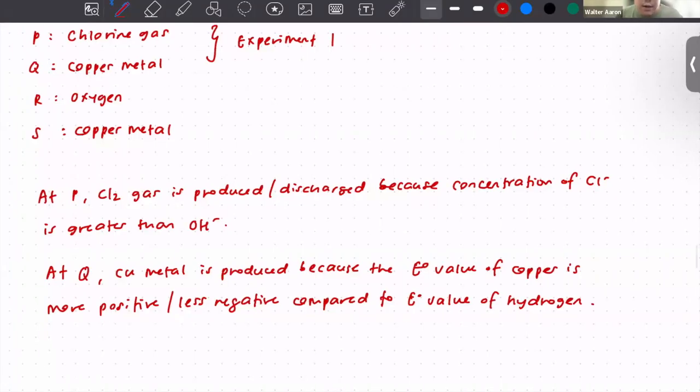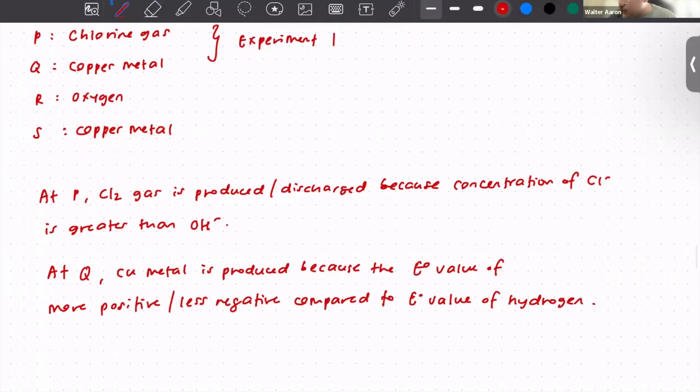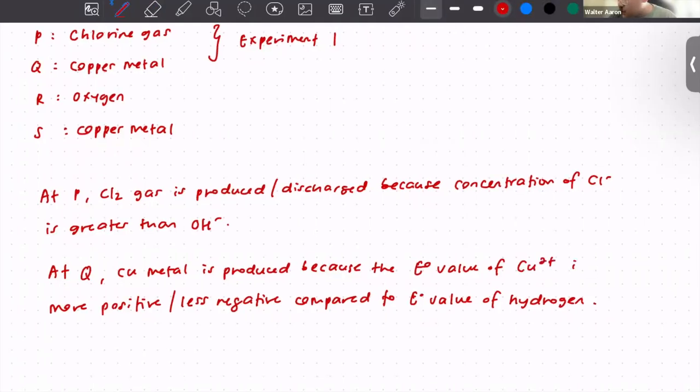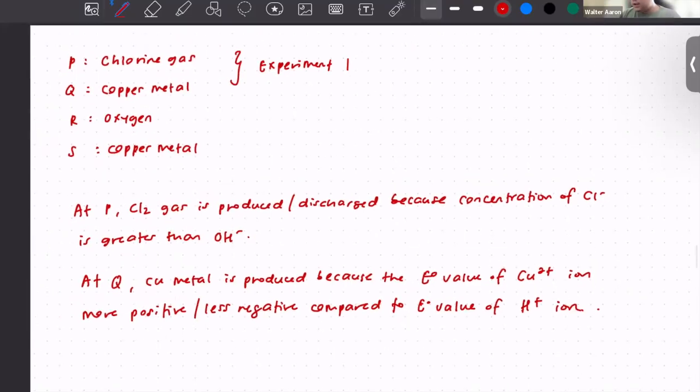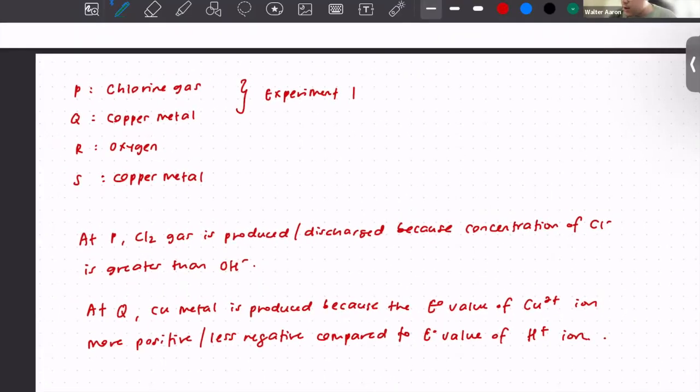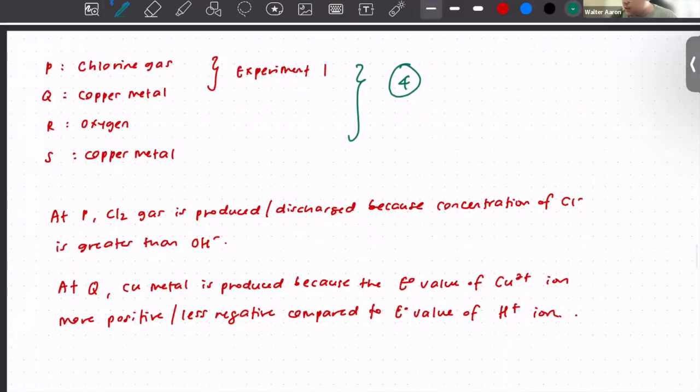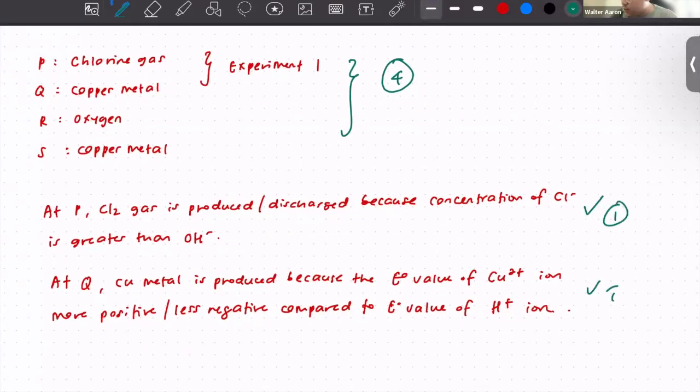So that should explain that, okay? Do keep in mind that we're talking about E naught value of Cu2 plus, and also this is regarding H plus ion. So that's the answer. If you answer all correctly over here, you should be able to get 4 marks in total. If you get this correct, you get 1 mark. This is correct, you get 1 mark.